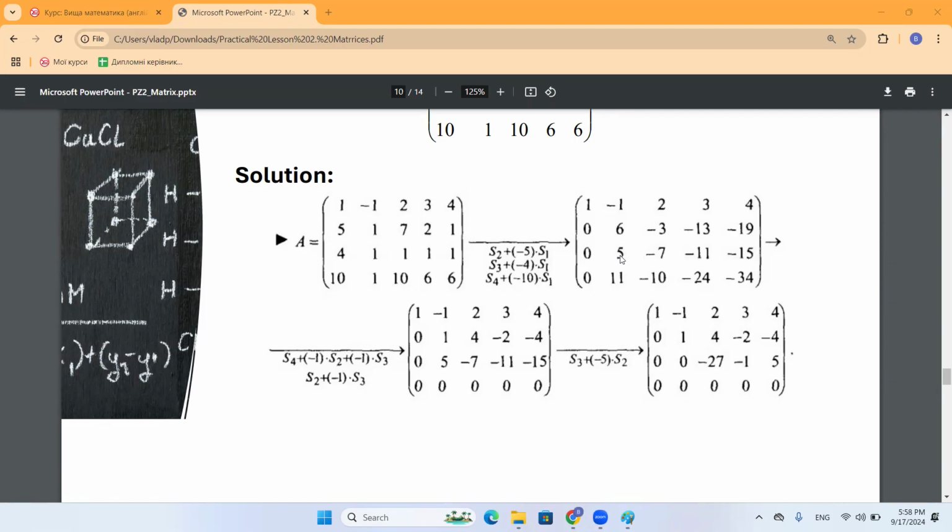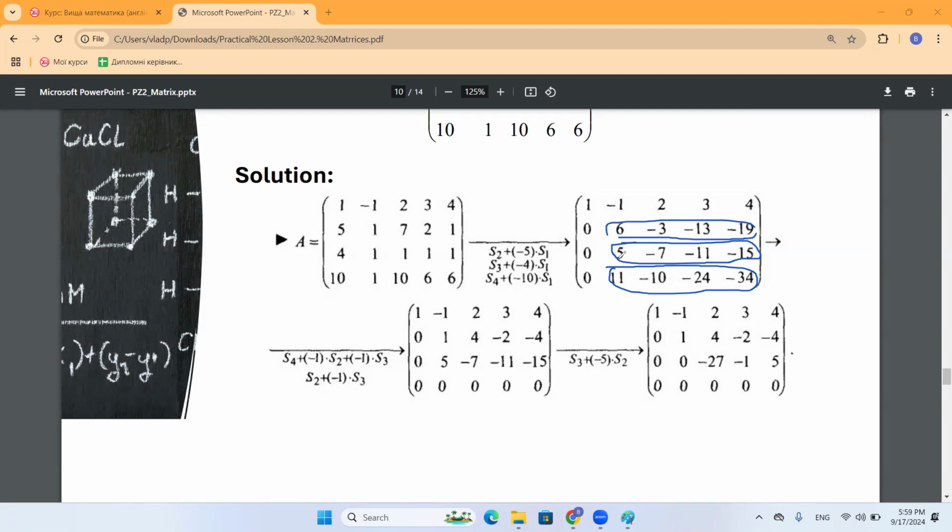In this matrix, we take this row. Let me annotate. We take this row and subtract it from this row, and from this row multiplied by... no, not multiplied. Okay, I'm explaining it not correctly.